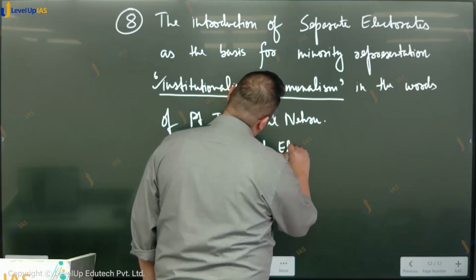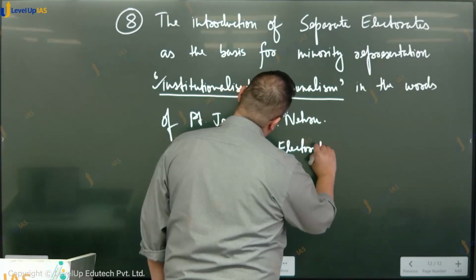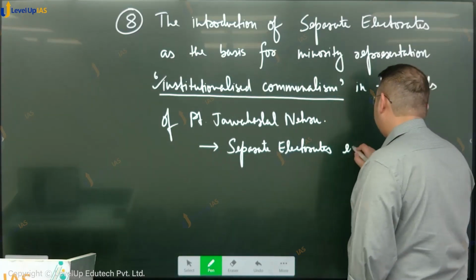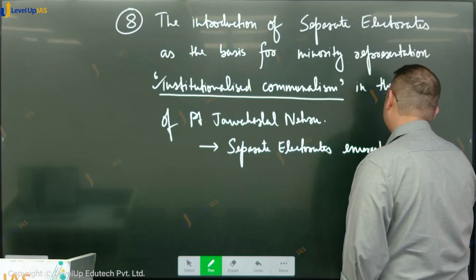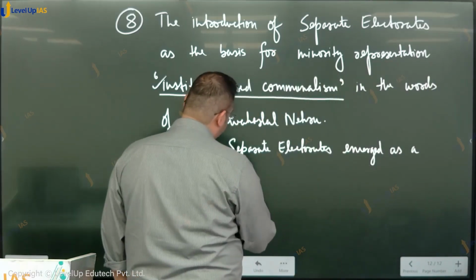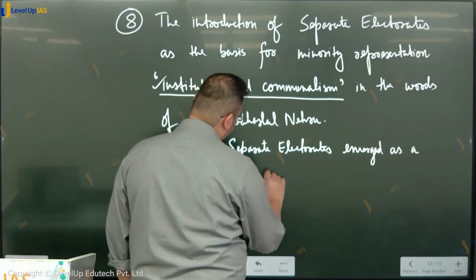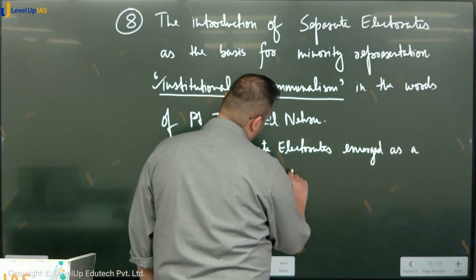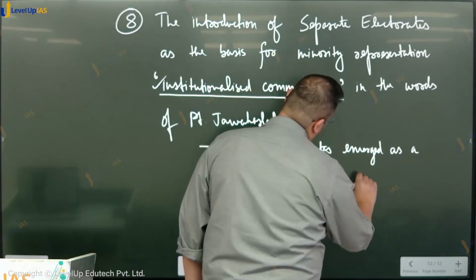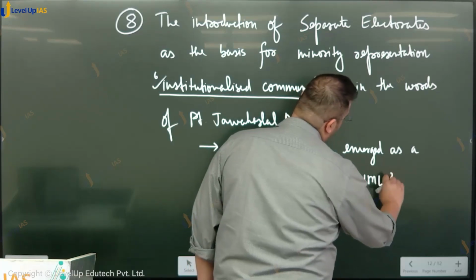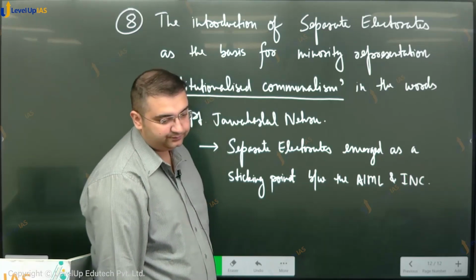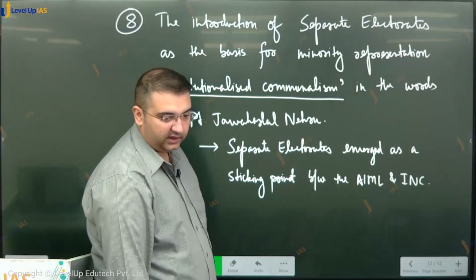Separate electorates emerged as a sticking point between the Muslim League and Congress. ठीक है?